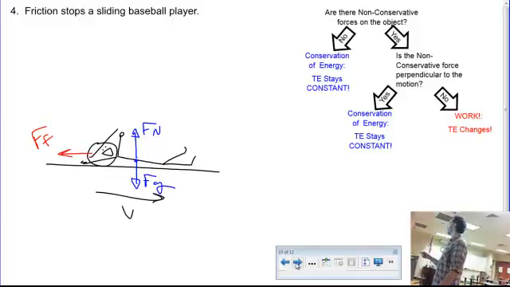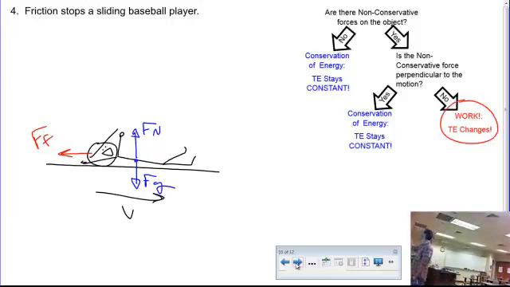And it's not perpendicular to the motion, right? So this one is going to be work, right? So the idea here is friction puts us here, normal force puts us here, gravity puts us here, all right? But if you have any non-conservative force doing work, then there's your answer.